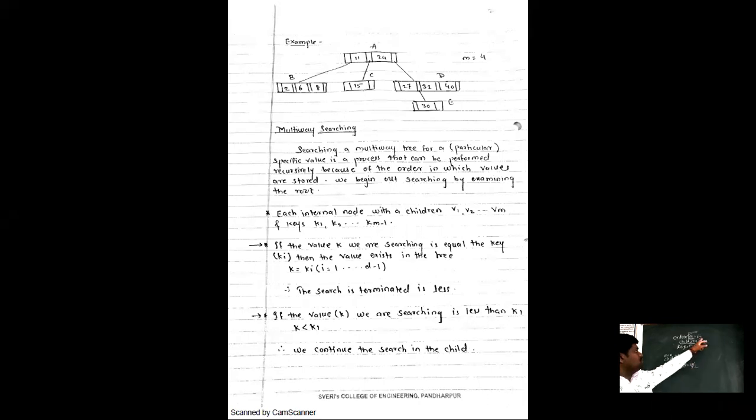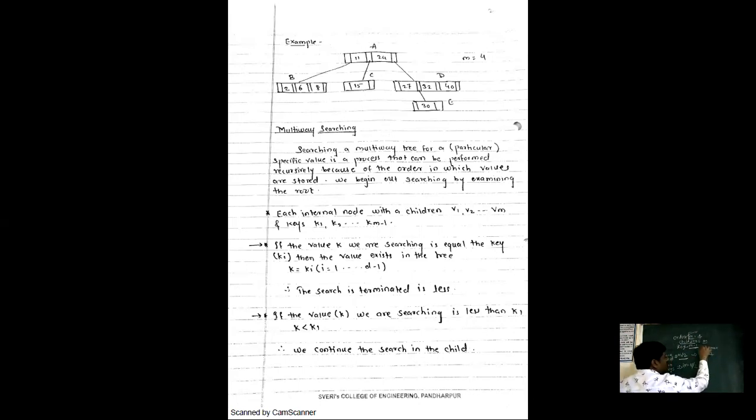Now suppose in our example the order is 4, right? So what is the minimum number of children you need to consider here? Minimum children 2 and maximum 4.